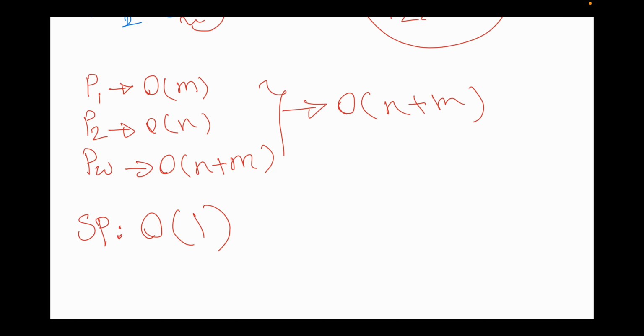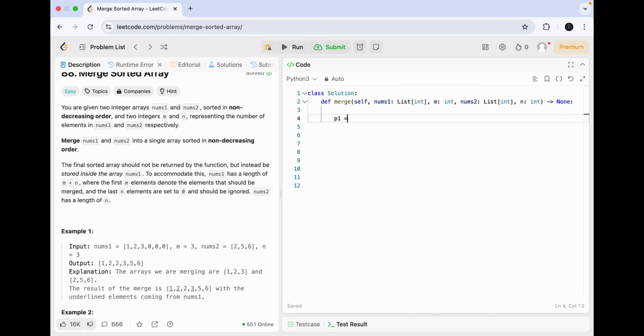So let's write the code for this solution. We set p1 as m minus 1, p2 as n minus 1, and p right as the length of nums1 minus 1, and then we can use a while loop.